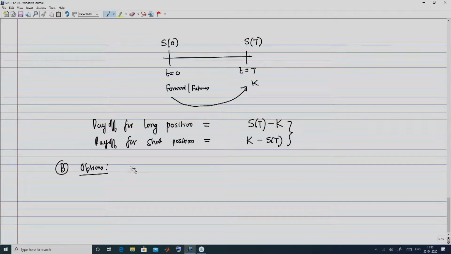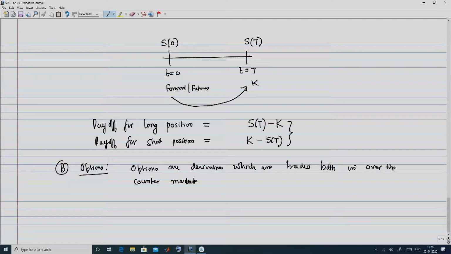So, options are derivatives which are traded both in over the counter markets as well as exchanges.